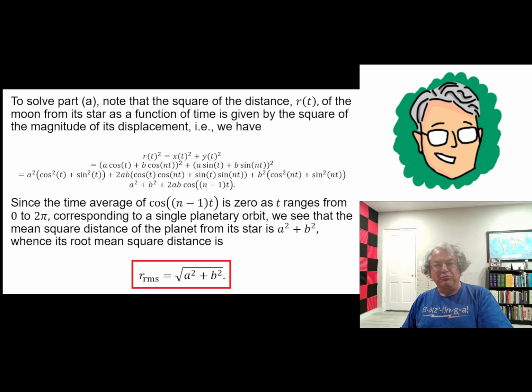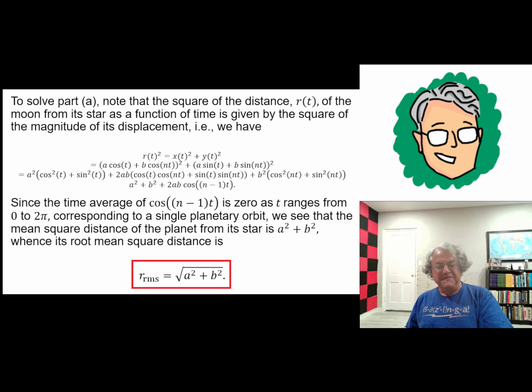If you go through a whole period, in this case n minus 1 periods, the average value is 0, because of symmetry of the sine and cosine. So the last term is going to cancel when we integrate and take the average, and we're left with the average value of r squared being a squared plus b squared.